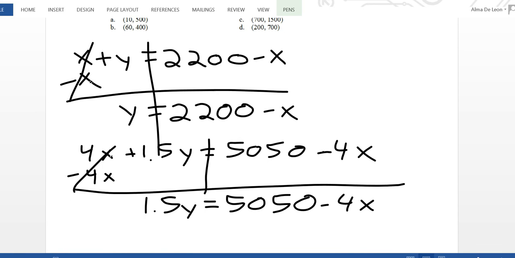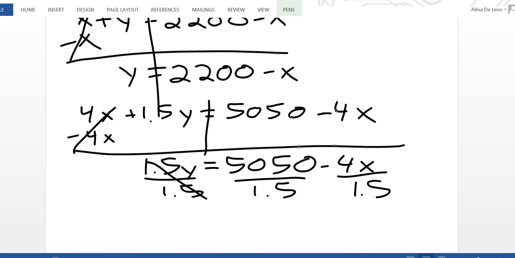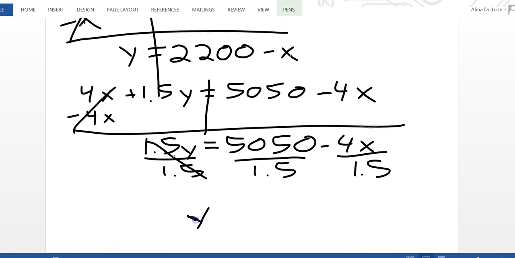The only thing that I have left to do is to divide everything by 1.5 in order to get that y by itself. Now, I am not going to divide these numbers anymore. I'm just going to leave them as fractions, and I'm going to enter them in my calculator as fractions.